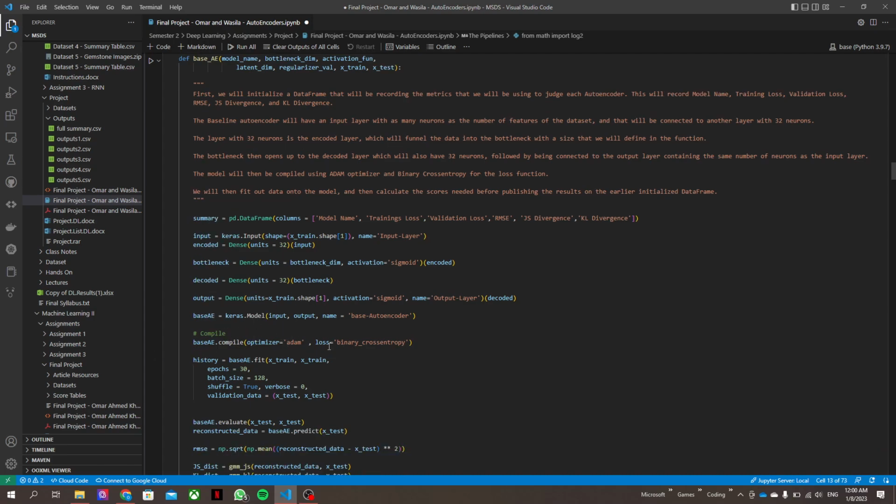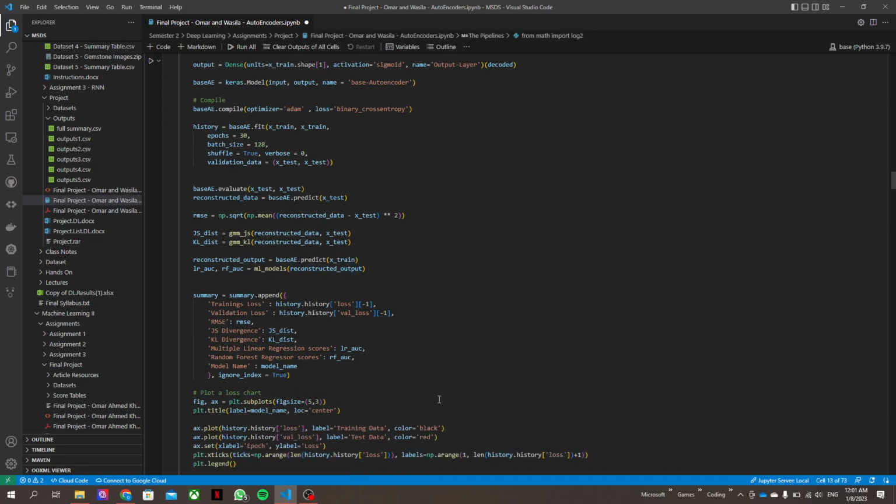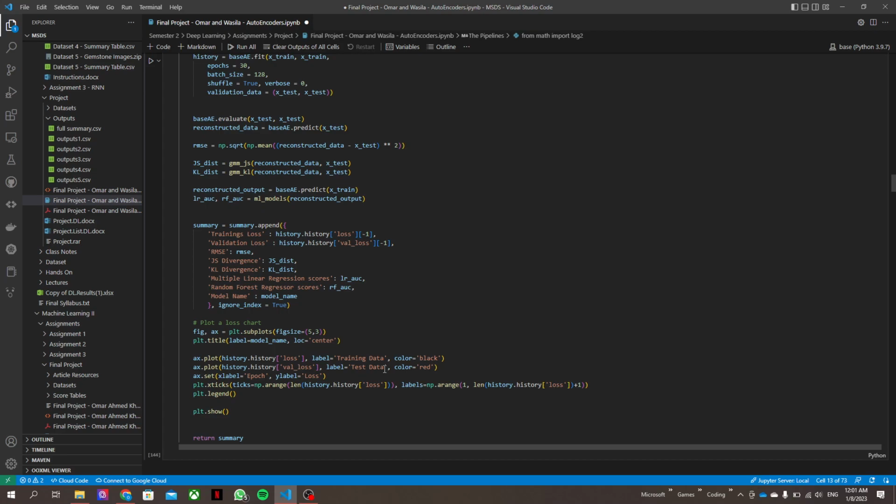Once it's compiled, it runs the dataset through a lot of different tests, and it figures out all the metrics that we're going to use to compare all of the different models and datasets going forward. These metrics are training loss, validation loss, RMSE, JS divergence, KL divergence, and then you also have the multiple linear regression scores and the random forest regressor scores, and then the model name.